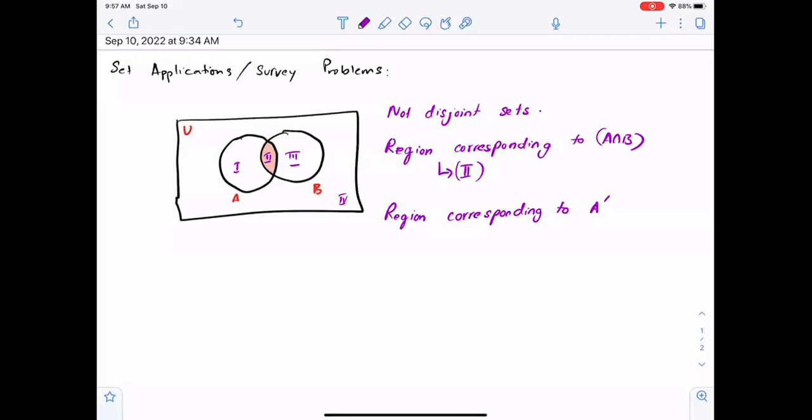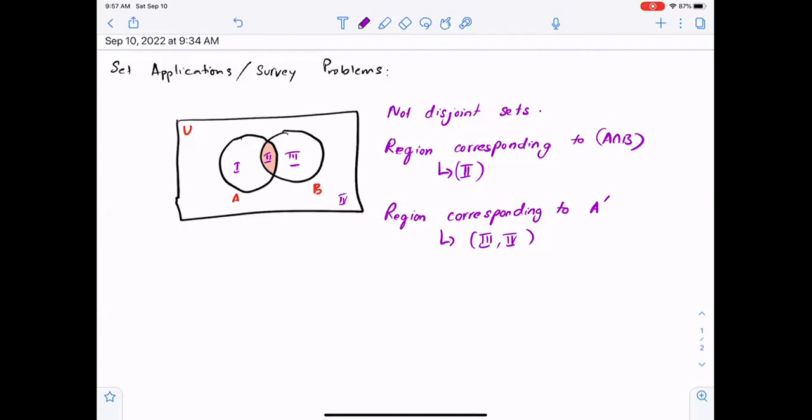So the answer is regions 3 and 4. A common mistake that students would make is to include 2. Do keep in mind that a complement would correspond to all elements that are not A.